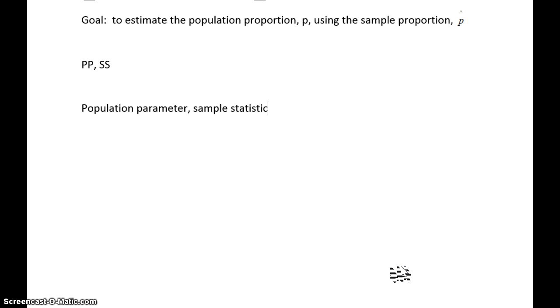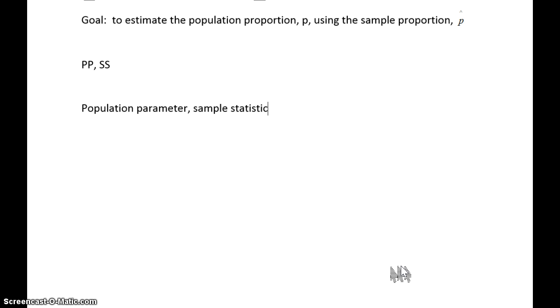Now, in real life, it is rare that we're going to know the value of P. We're trying to estimate the value of P, the true population proportion, and we normally do that by getting a sample and computing P hat.